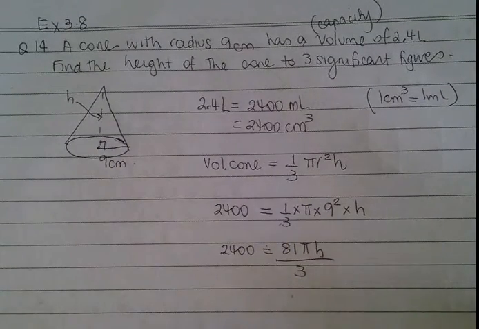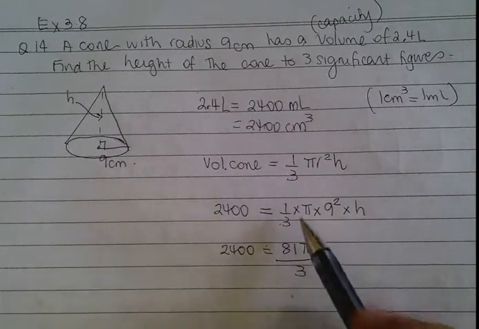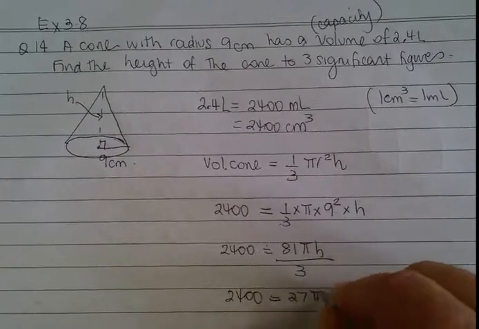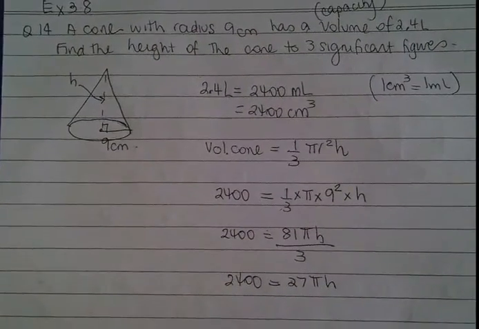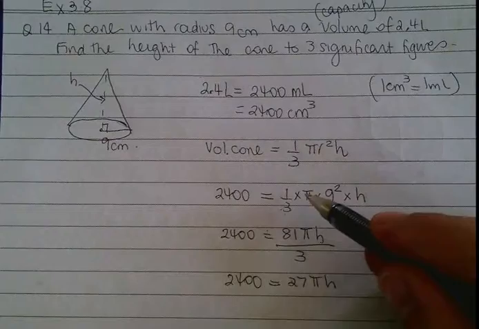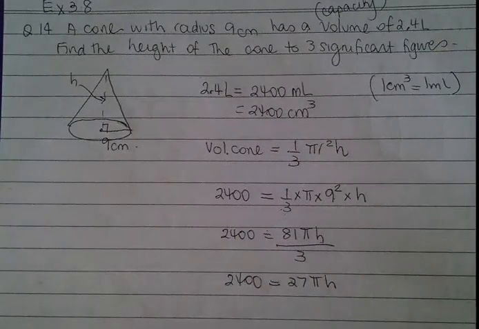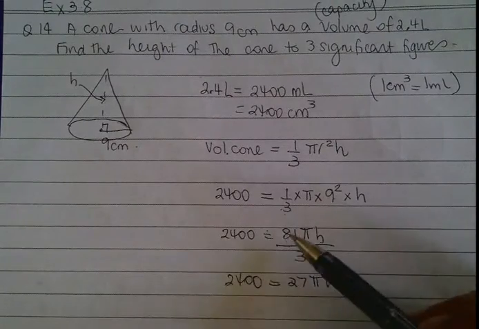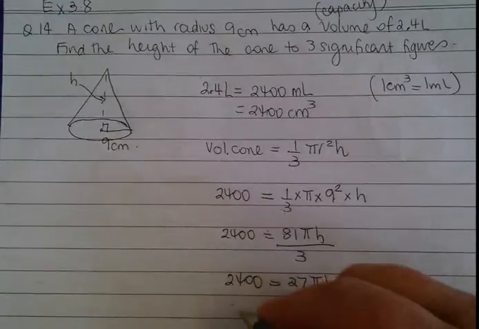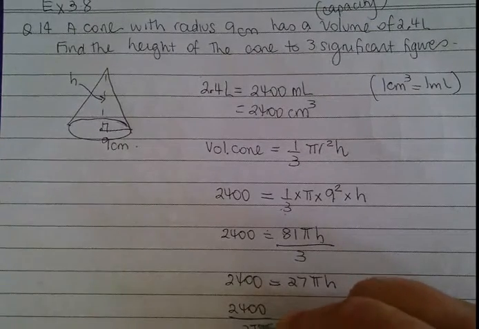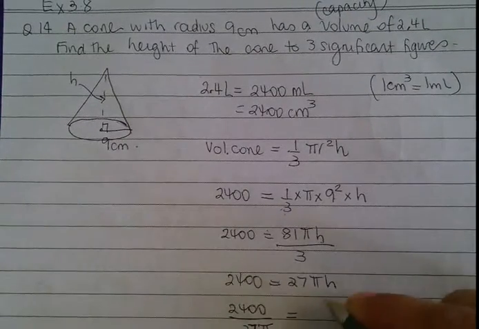So I've got 2,400 equals 27 pi h. So now what do I do? You divide 2,400 by 27 pi. Remember, that's just a number, 27 pi.